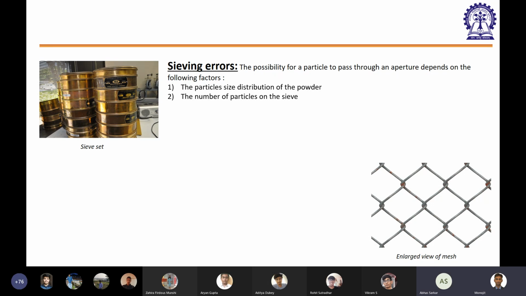All those things are correct, but as you are shaking the entire instrument, there is a chance that a particle which is smaller than the opening size of the screen will hit the base of the screen and go through. That's a possibility. It's a stochastic process. But if you keep on increasing the mass, the chances of that specific particle reaching the base of the screen will obviously reduce.